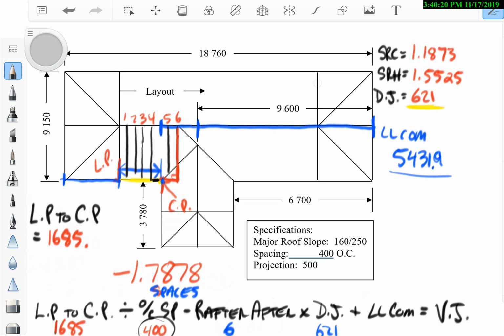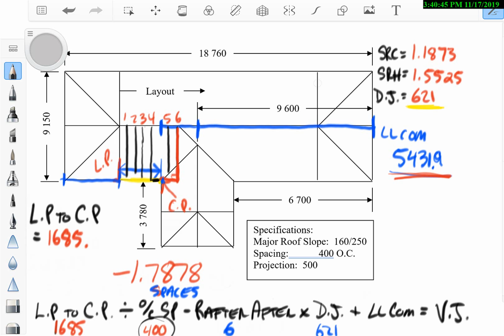That line length is 5431.9. So we have that negative 1110. We'll now just simply add to that, which really subtracts that number.